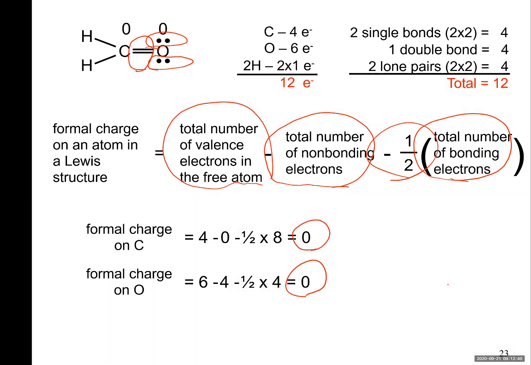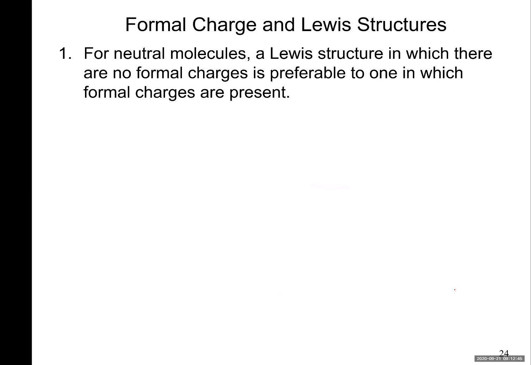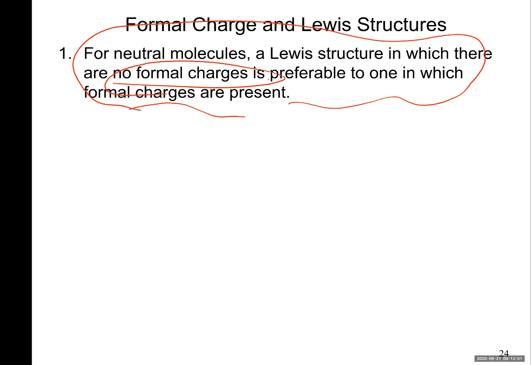Okay, what does it mean? It means for a neutral molecule, a Lewis structure in which there are no formal charges is preferable relative to the one which has charge.